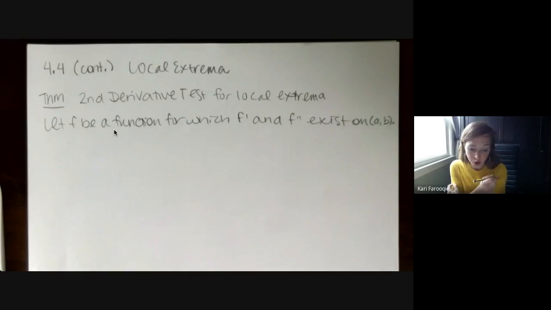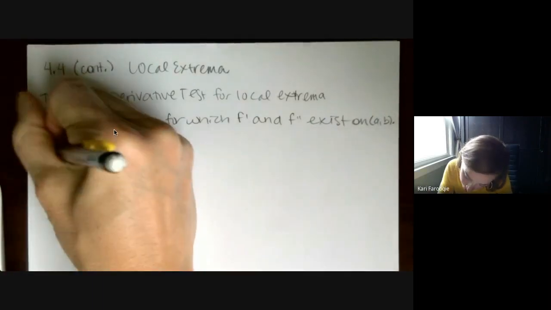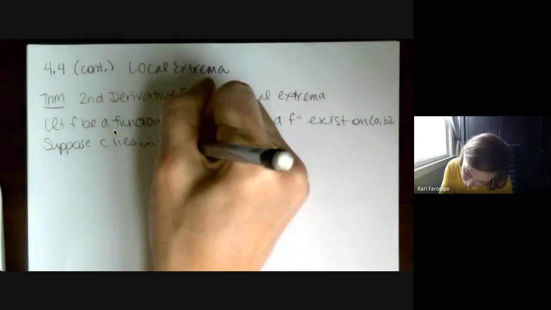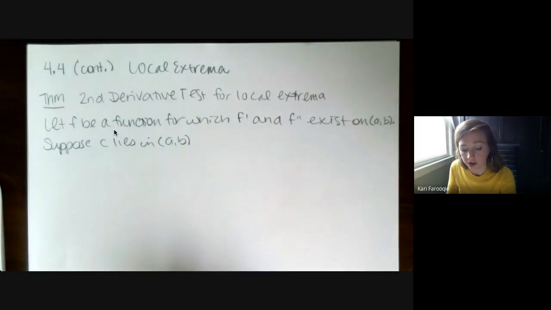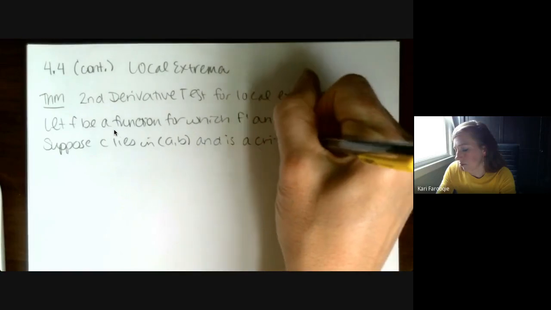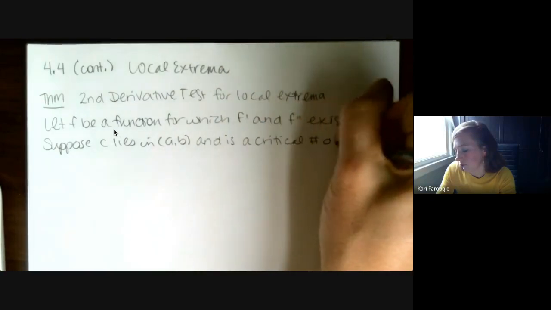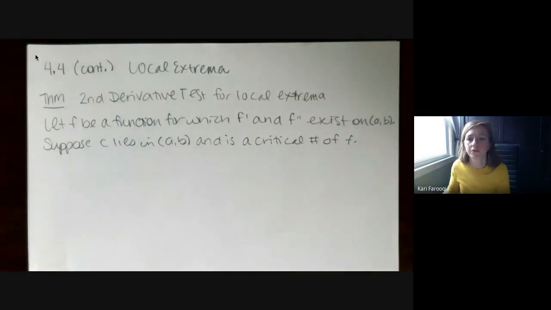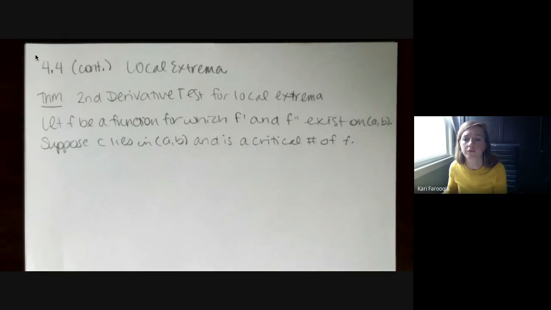Suppose c lies in the open interval from a to b and is a critical number of f. Okay, so c is a critical number of your function.